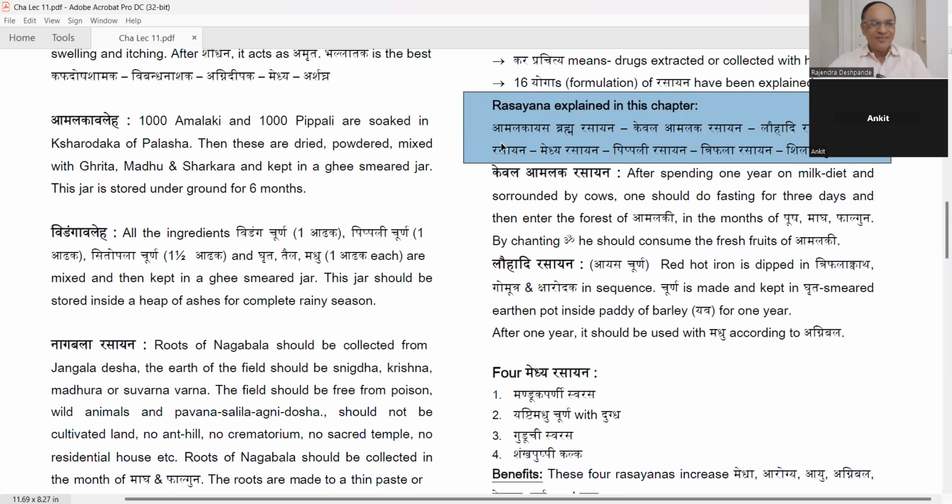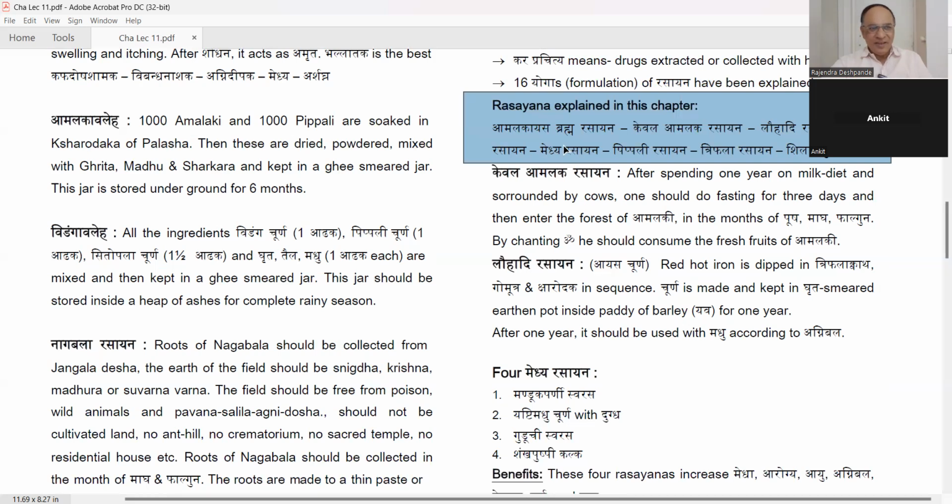Indra Rasayana. Medhya Rasayana. What is Medhya? Grantha Avadharana Shakti. That means understanding capacity, your intelligence. Okay.